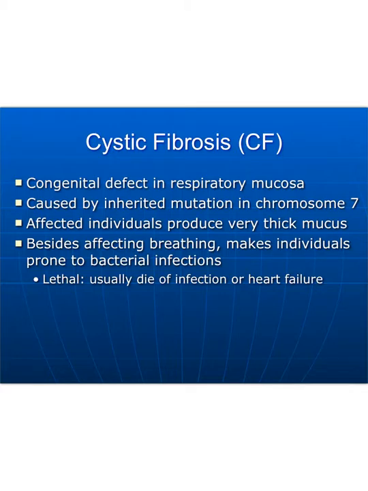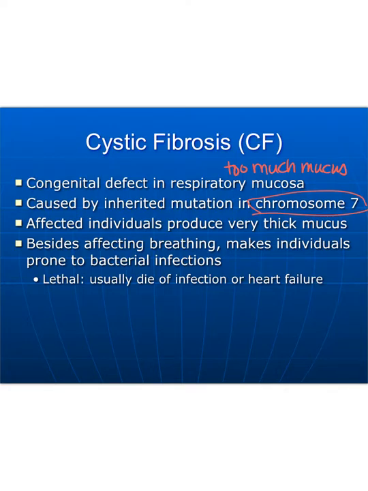Lastly, really we're just going to talk about one. There's lots of homeostatic imbalances other than pH, but a common one, cystic fibrosis, is a congenital defect. That means something you're born with. It affects the respiratory mucosa, where you produce too much mucus. It's actually something that you inherit, and I'm not going to ask this, but they do know exactly what chromosome that's found on.